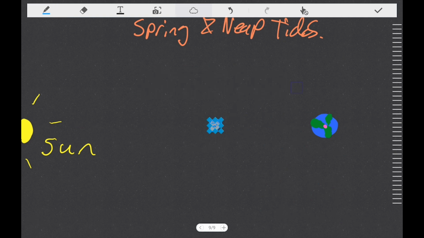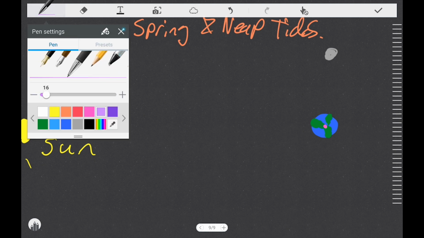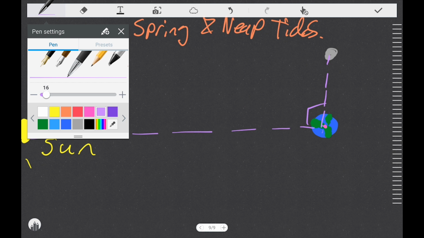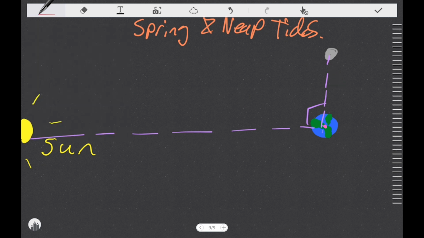As the moon orbits the Earth, it'll eventually get to a point where it's pulling in a line that's perpendicular to the line that the sun makes with the Earth. In a case like this, we would have the force of gravity pulling perpendicular to the force of gravity from the sun.